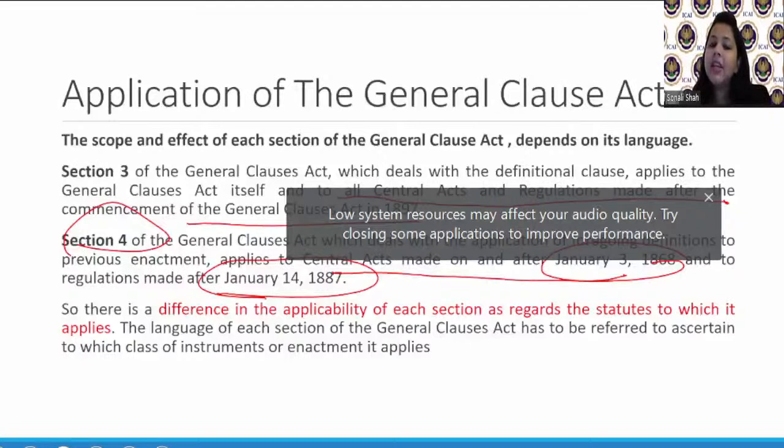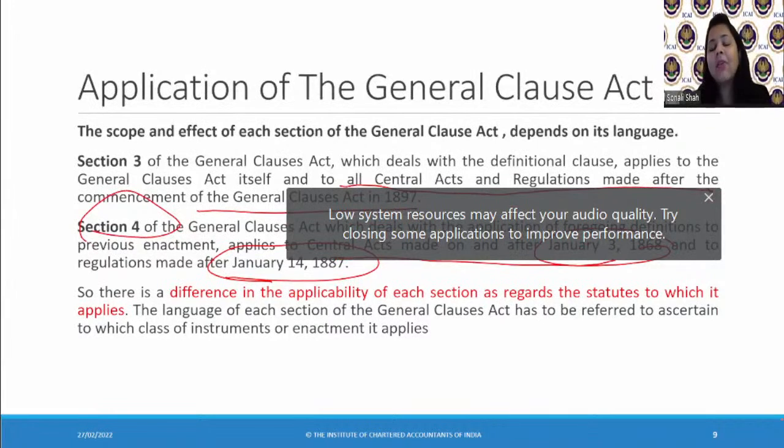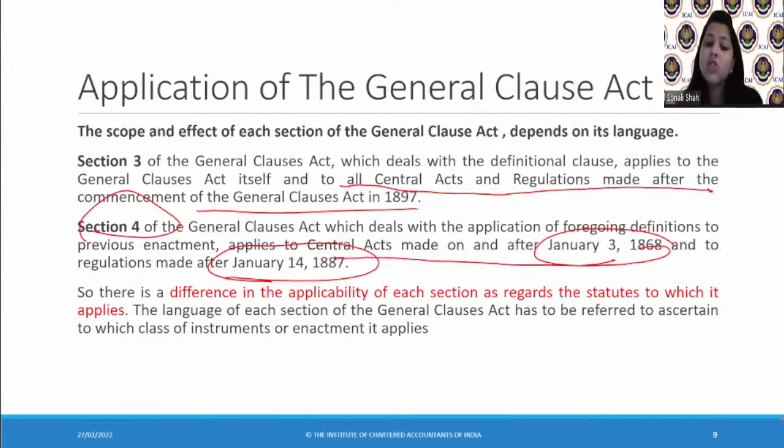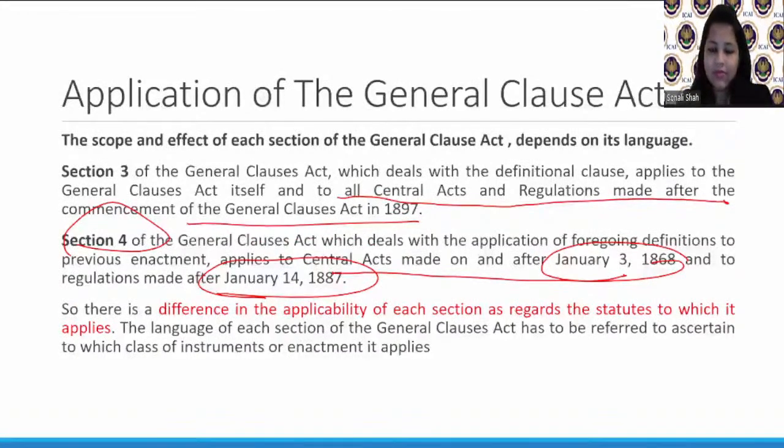However, section 4 says that there are certain terms, certain words that have been defined whose definition will be applicable to central acts that were made on and after January 3, 1868 and regulations that were made after January 14, 1887. So this retrospective effect of GC Act has been provided for in section 4. Is this clear? Hariharan, is this clear now?